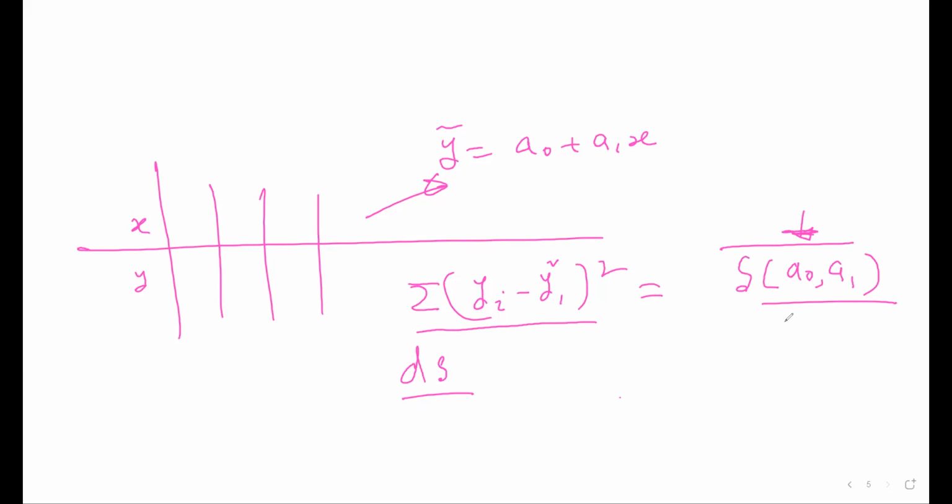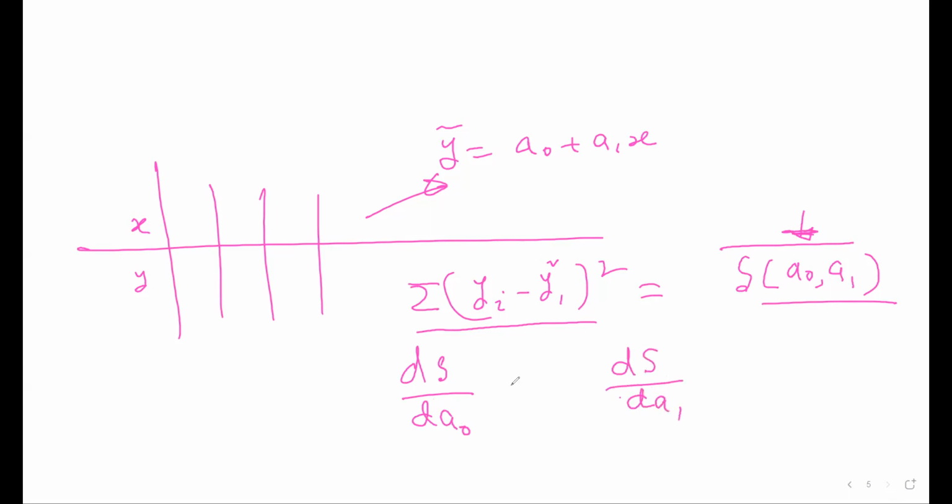Then what do you have to calculate according to the steps we follow in optimization? You have to calculate the gradient, isn't it? Your gradient is nothing but the derivative of S with respect to a0 first, and the derivative of S with respect to a1.